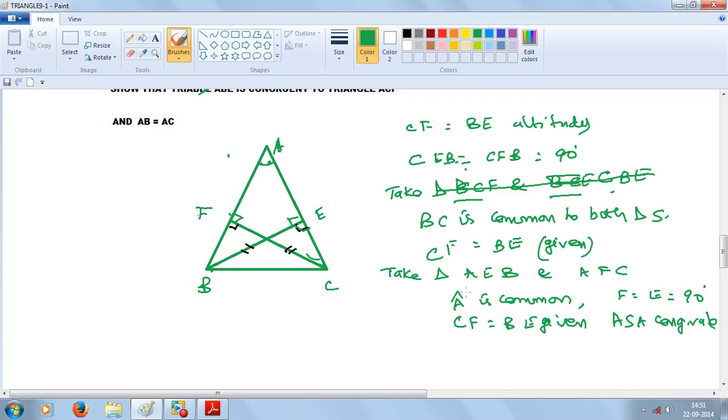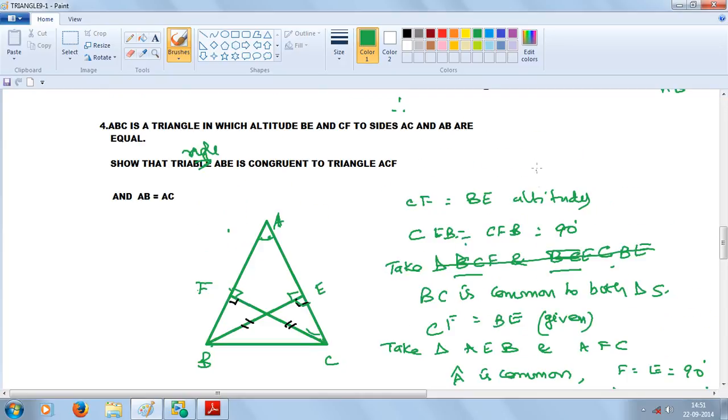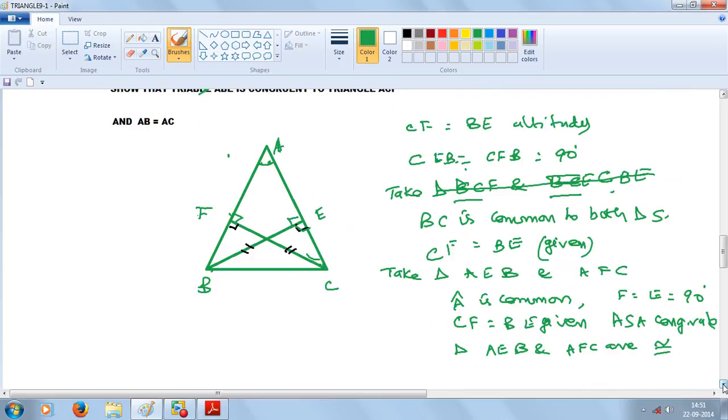the two triangles, triangle AEB and AFC, are congruent. We can write the same order, no?